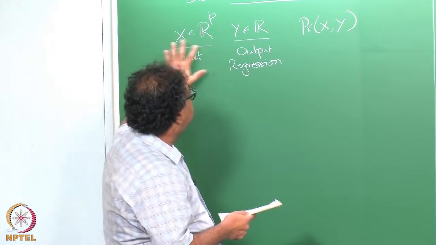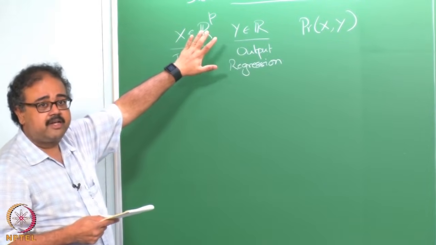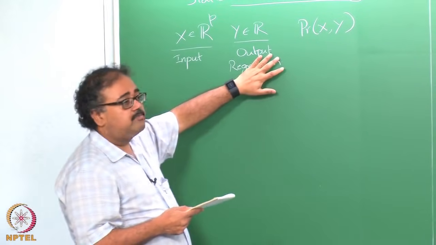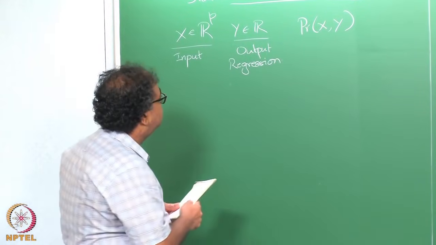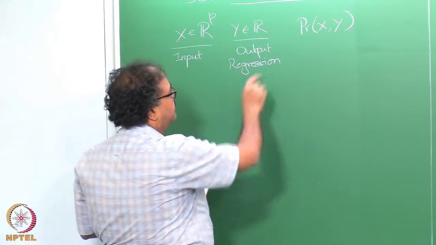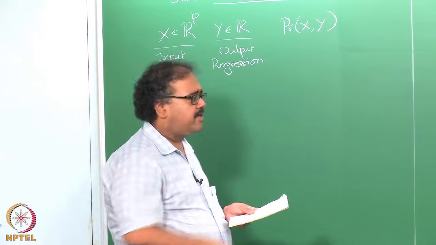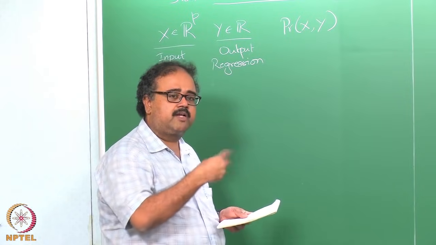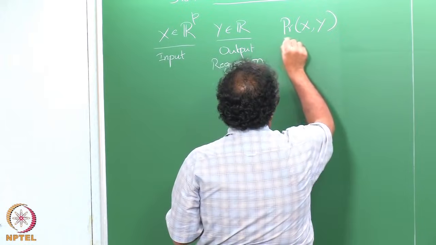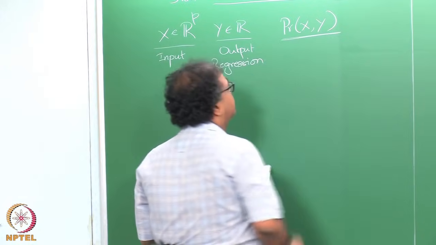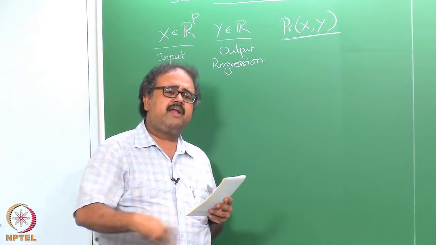So, the input x is drawn from a p dimensional real space, and the output y is drawn from the real numbers, in the case of regression. In the case of classification, which we will see a little later, the output will come from a discrete space.